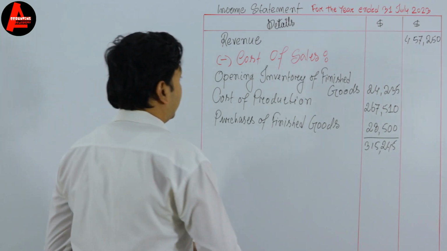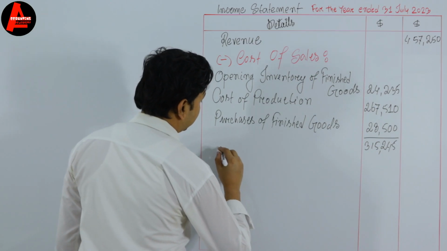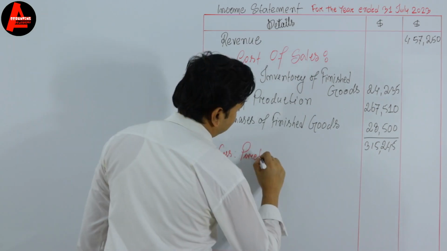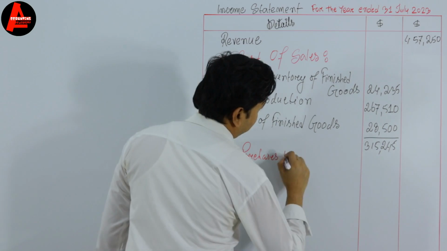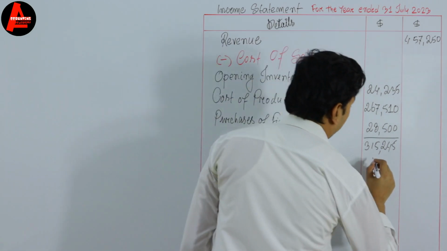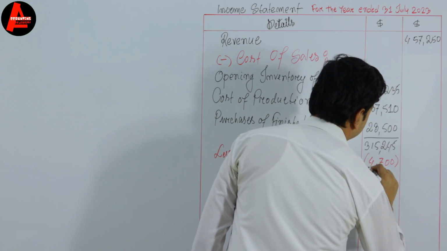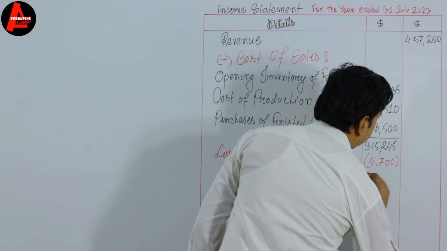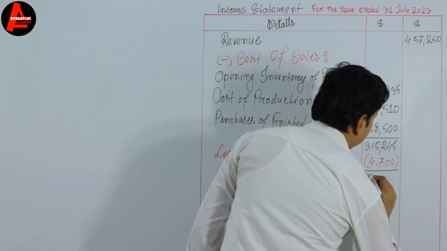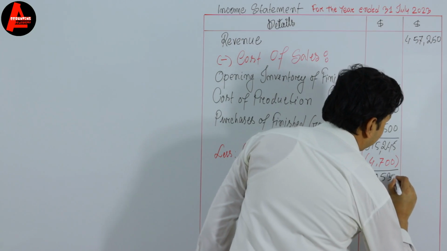Now we have to subtract all purchase returns. Let us write here minus or less purchase returns. It was $4,700. Now if we subtract, we get $310,535.